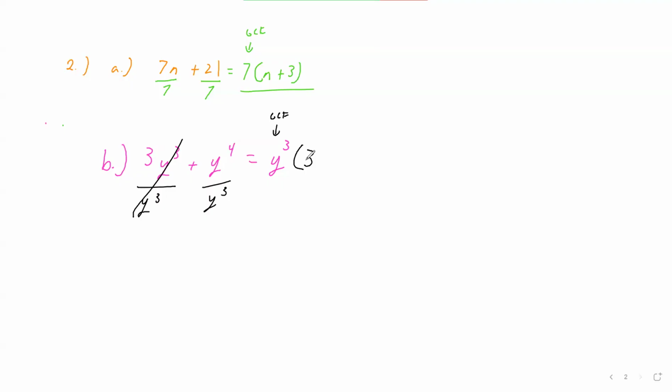And then what would y fourth divided by y cubed be? So the y cubes would cancel. That would become 1, but the 3 was still there. So it'd be like 3 times 1, which is 3. Correct? Good. So then it would just be plus y to the 1 power, but we don't have to write that. And there you go.